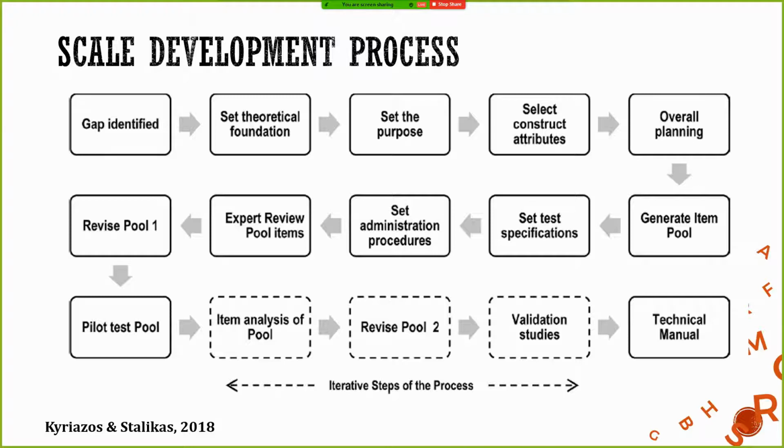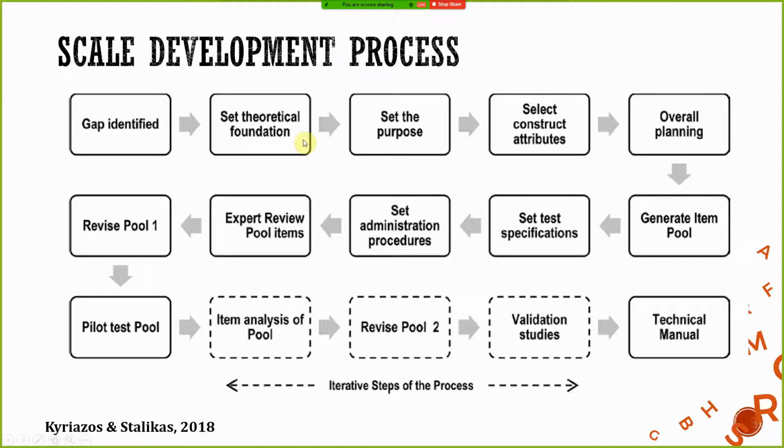So try to find out a particular area where there is a need for a particular scale. For example, recently I developed with Professor Merimon a scale on servant leadership. We couldn't find a scale on servant leadership in higher education, so we developed one. I couldn't find a scale on social responsibility in higher education, so I developed one. So look for areas where you can't find a scale.